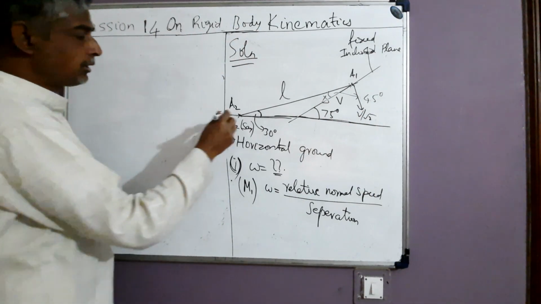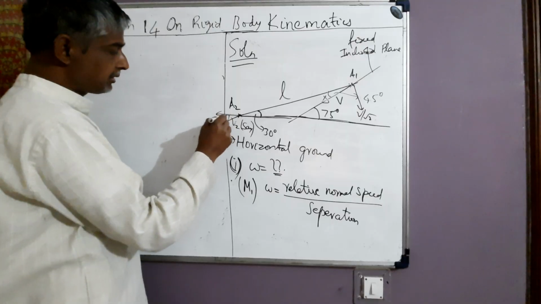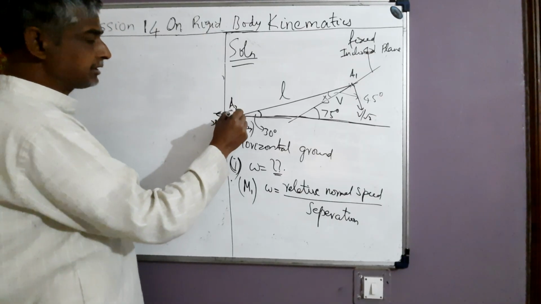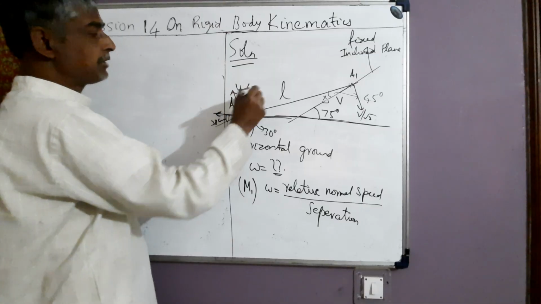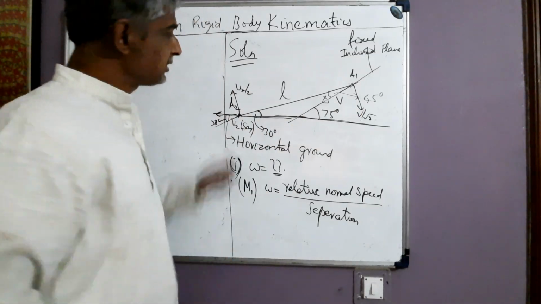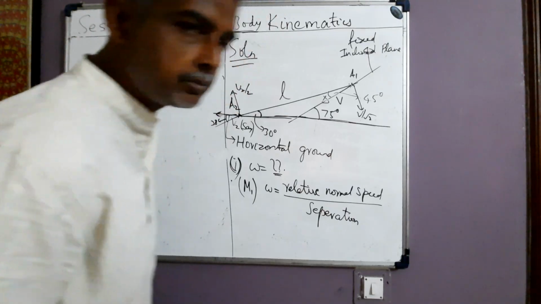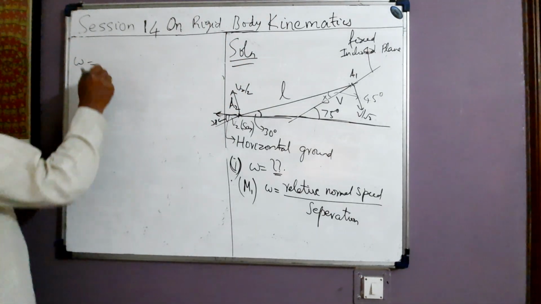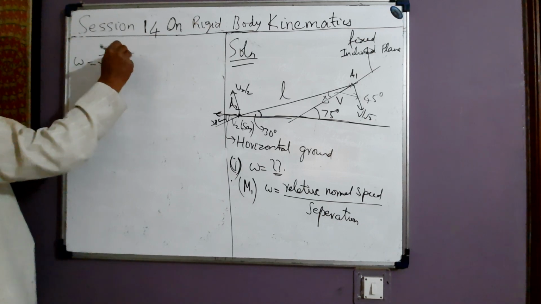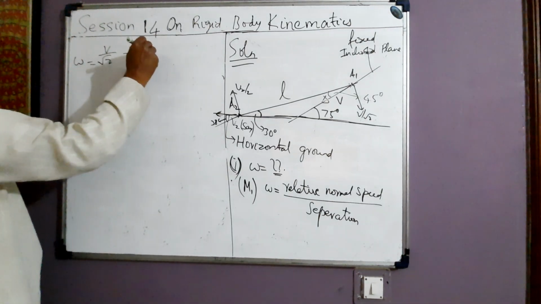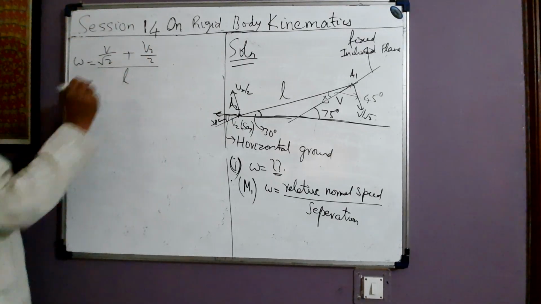And what is the normal speed of A2? This is 30 degree. So normal speed of A2 is V2 sin 30 degree, V2 by 2. Now both these normal velocities are in opposite direction. So relative normal speed is the sum of speeds by the theory of relative velocity between 2 points. So omega is equal to V by root 2 plus V2 by 2 upon separation, which is simply L.